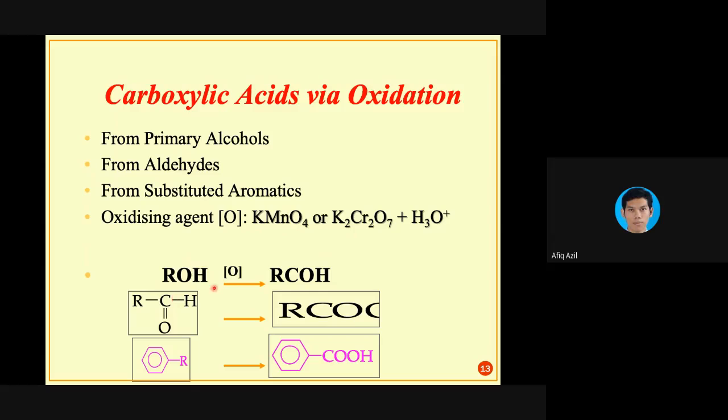Here you have aldehyde, with the use of potassium permanganate or potassium chromate to obtain carboxylic acid as well. And in the case of an aromatic compound, which is benzene, the benzene must already have substituents. Let's say here you have CH3, for example. Then if you oxidize it using either one of these reagents, you can obtain the corresponding carboxylic acid.